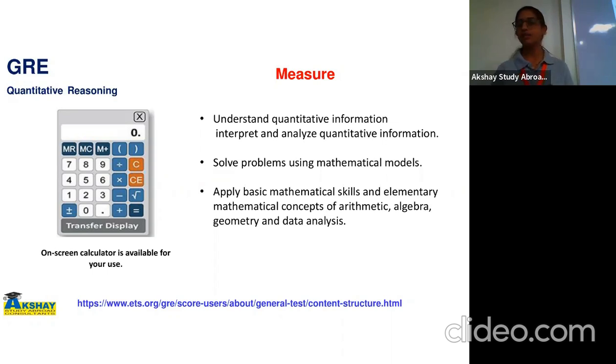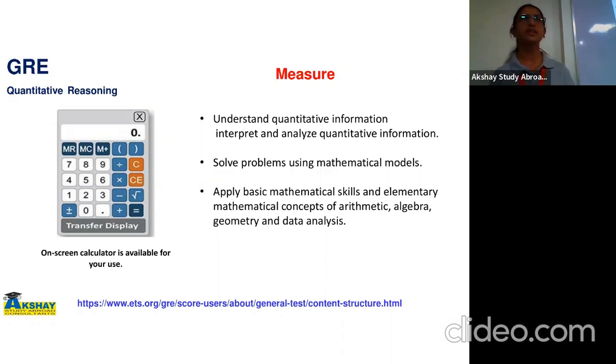And if you want to use a calculator, if you are not good in calculation, you can use a calculator, but you cannot carry your own calculator. There will be an inbuilt calculator in your GRE test, so you have to use that calculator. You can see this is the inbuilt calculator which is there in your GRE test, and it only shows you some basic arithmetic operations.